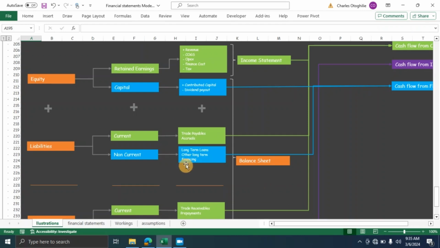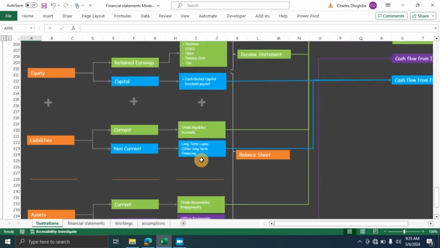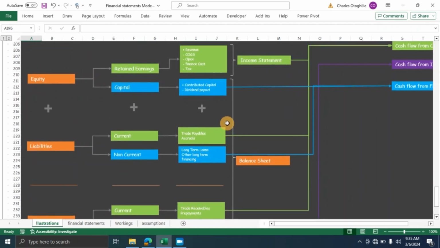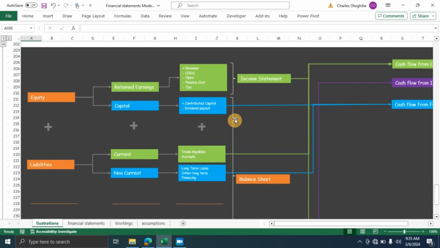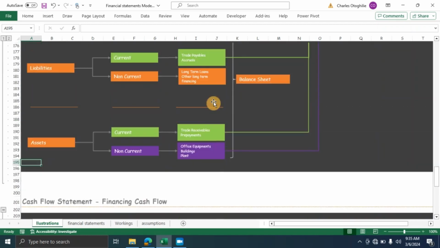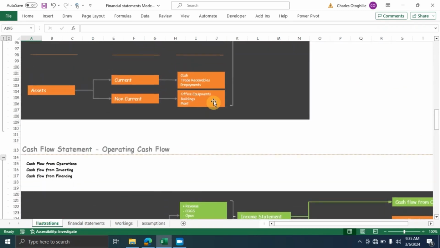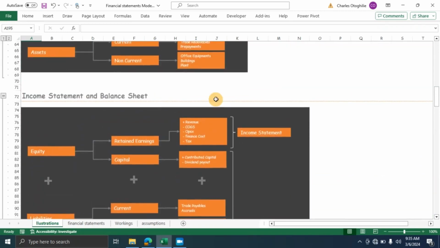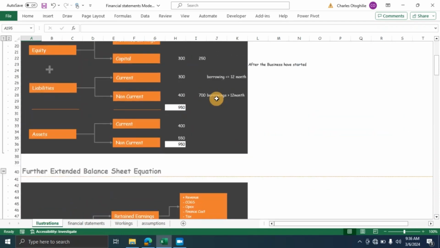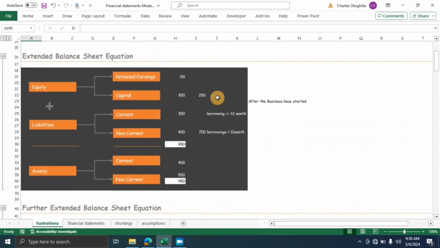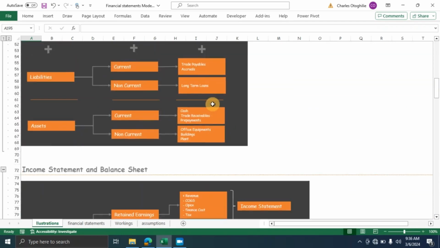That is what all of this is about. And I want to believe that you'll be able to understand how all of this translates to the three financial statements.